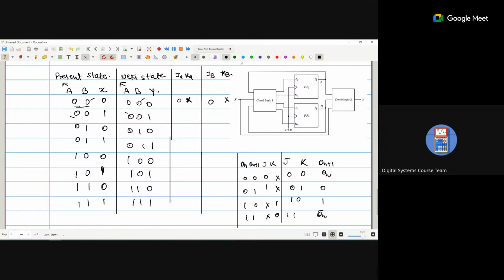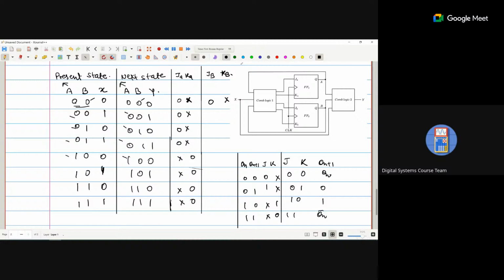Similarly it is 0 cross, 0 cross, 0 cross, and then 1, 1 gives cross 0 for the rest.